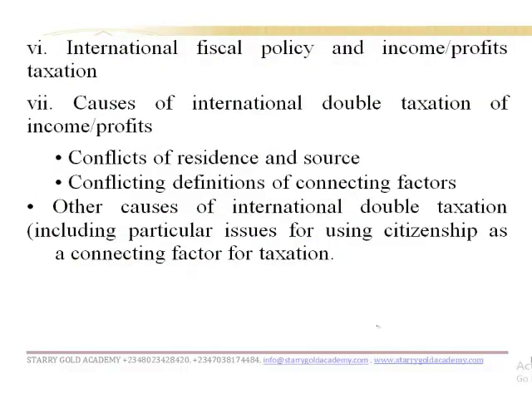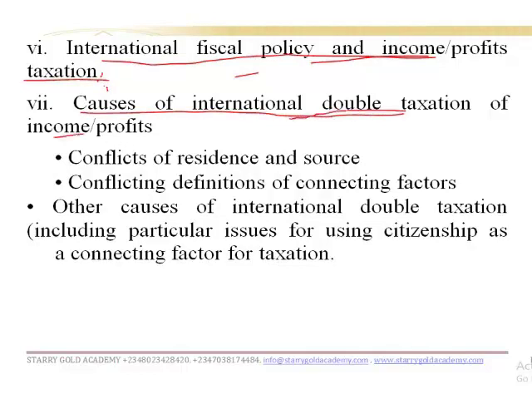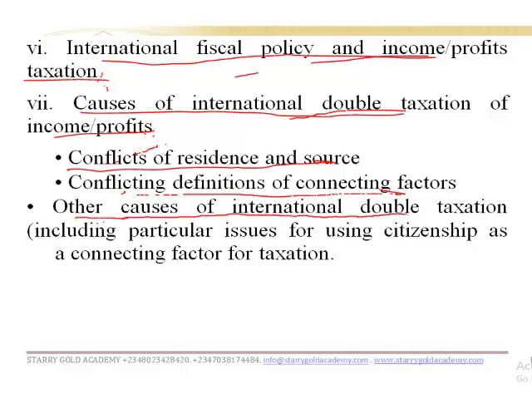Also, we'll look at international fiscal policy and income profit taxation, causes of international double taxation of income profits, under which we discuss conflict of residence and source, conflicting definitions of connecting factors, and other causes, including particular issues for using citizenship as a connecting factor for taxation.